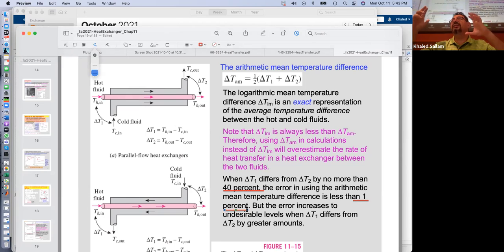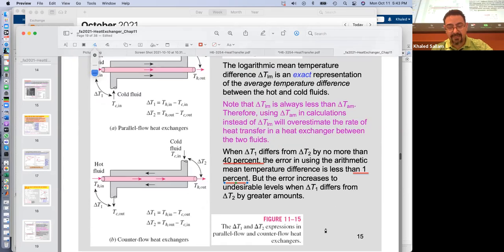So if one of them is like a 100-degree difference and the other is a 90-degree difference, saying that the average is 95 will give you almost the same result as the logarithmic mean temperature difference. So always correct, but not always required.